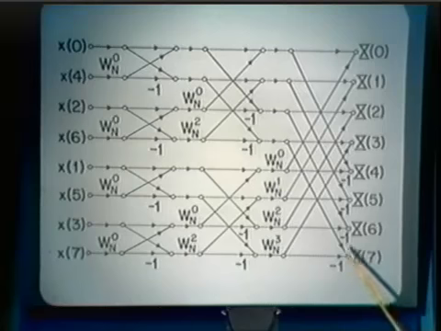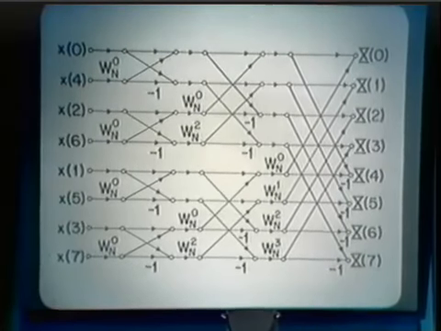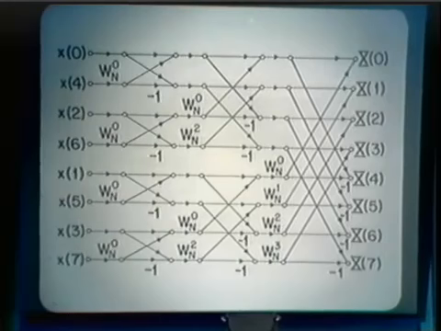Well, of course, this isn't the only way to organize the computation of the discrete Fourier transform. And in fact, an important aspect of the flow graph is, as I stressed previously, that what counts about the flow graph are the nodes and the way they're connected, and not the way the flow graph is laid out in a sheet.